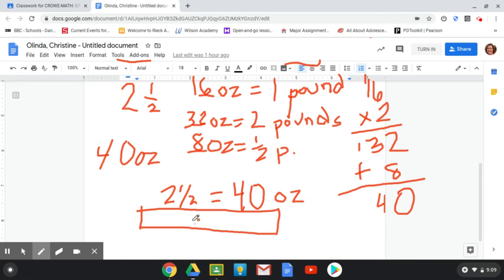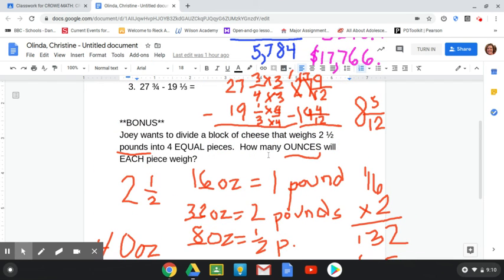So I'll break my tape diagram into 4 equal pieces. And now I need to think, what number can go inside each box that when I add them together will give me 40? So remember, this number plus this number plus this number plus this number need to equal 40 ounces. When you find out what the number is in the box, that is the answer to the bonus question. Good luck, kiddos.